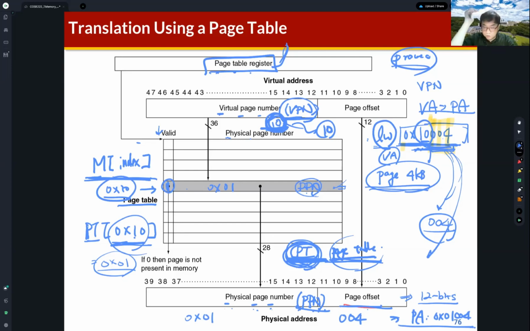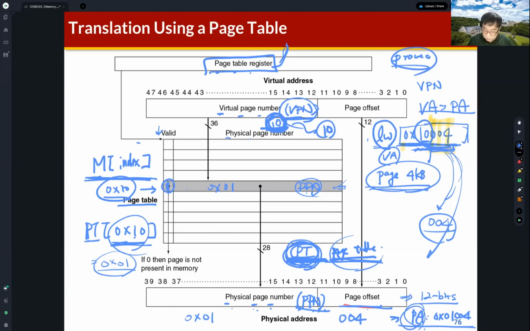So when a processor accesses the virtual memory space, this memory space is a fake space, and we access it using the virtual address, a fake address. In order to access the real data, this fake address needs to be translated into the physical address. So we need to get the physical address.